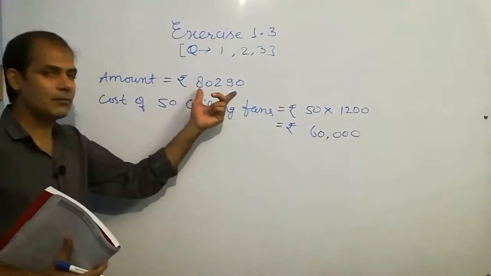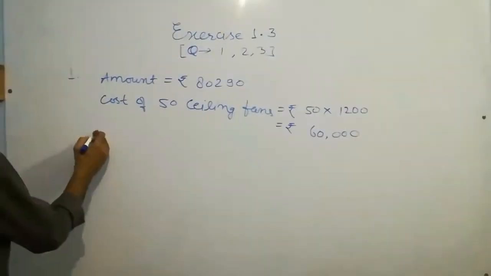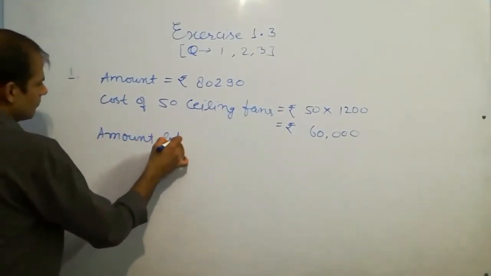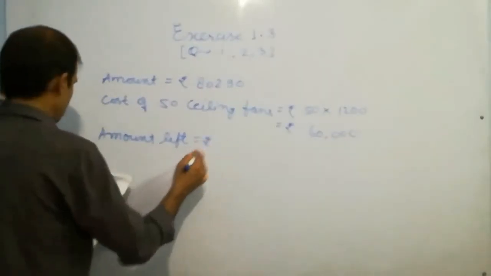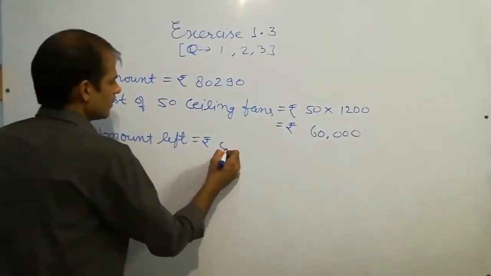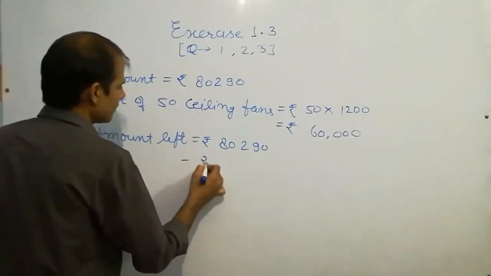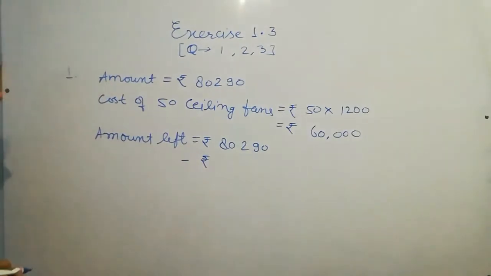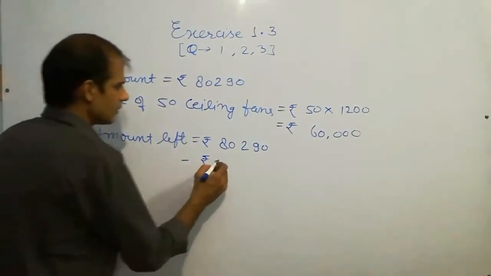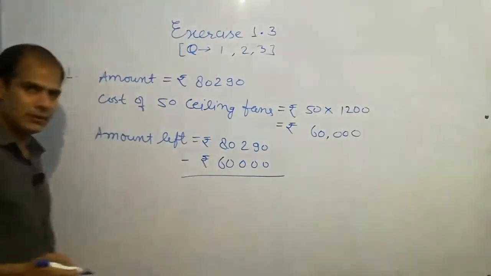So you will subtract this amount from this amount. Correct? Then amount left equals rupees 80290, and you can write in this way. It is not a problem. Sign of subtraction, and that is 60,000.